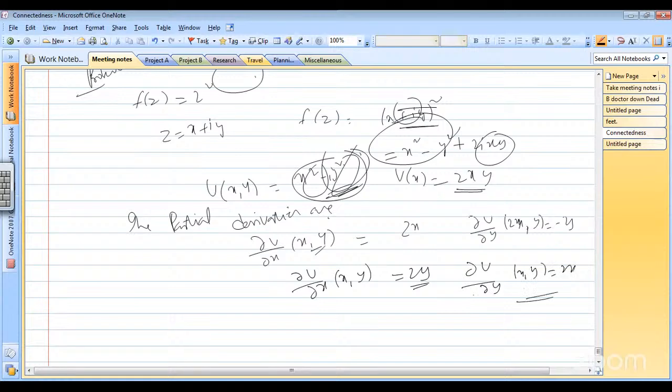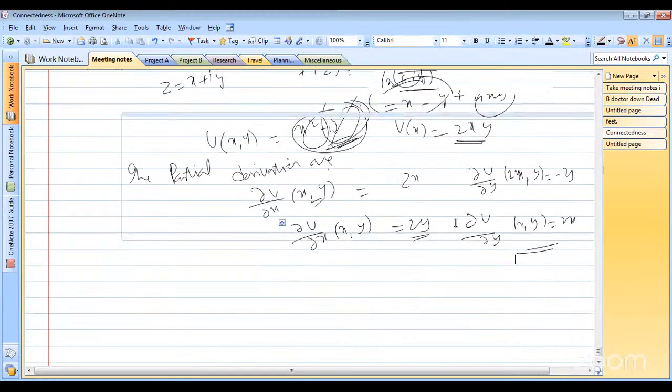This is the fundamental value for this one. This is a differentiable function here. So another one: f(z) is equal to the modulus of z.